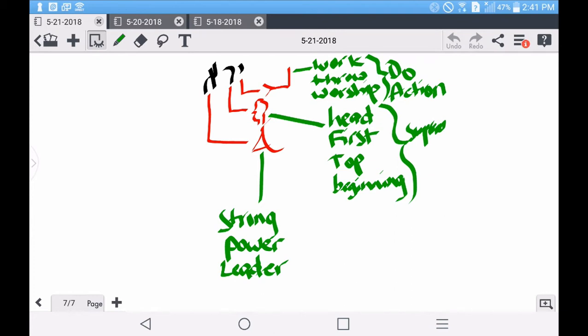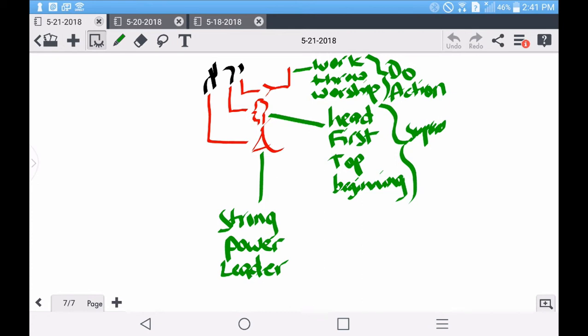And so this ox's head represents what the mule represented in that day: strength, power, and leader. It led the cart. It was strong in that it was able to carry the weight of really heavy things that people couldn't carry. And then, of course, it came with a connotation of power. And so these are associated with the ox's head.